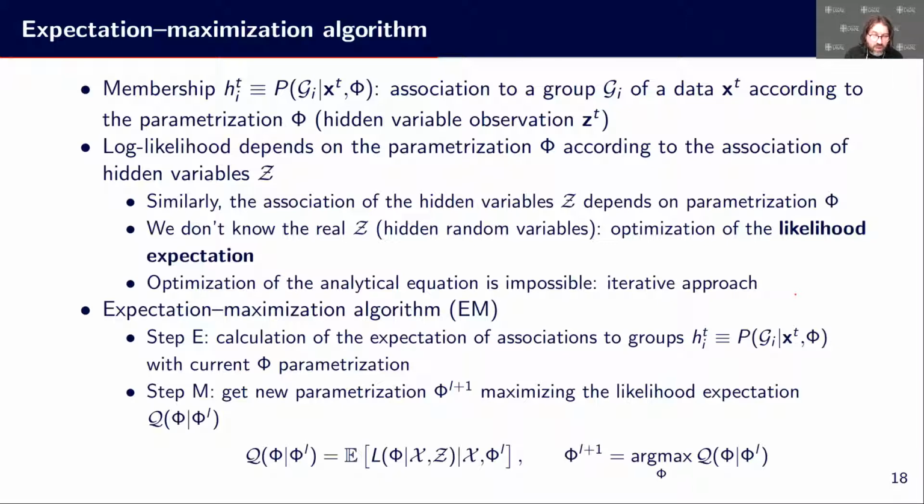Q is defined as the expectation of the loss here. This corresponds to what we can guess according to the Z. And then we also have the next step estimation of the parameters, which is given here.